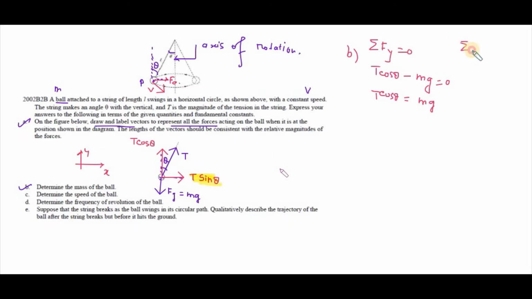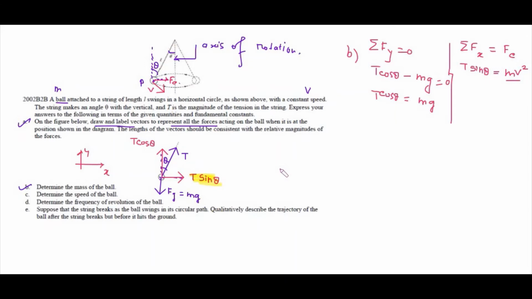So the summation of F along the x-axis should be the same as the centripetal force Fc. The net force along the x direction is nothing but T sine theta, the component of tension along the horizontal direction, and the expression of centripetal force is m, the mass of the ball, times v squared by r.